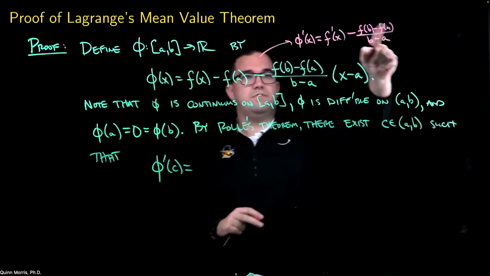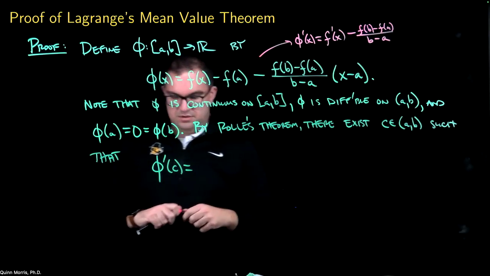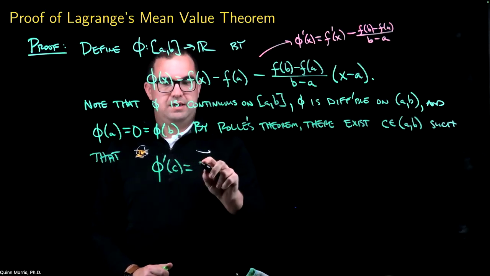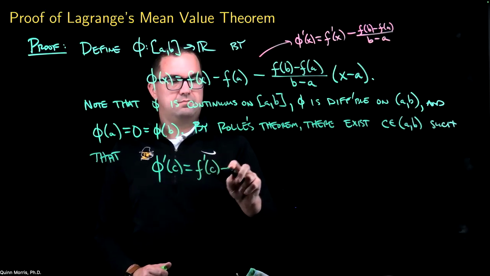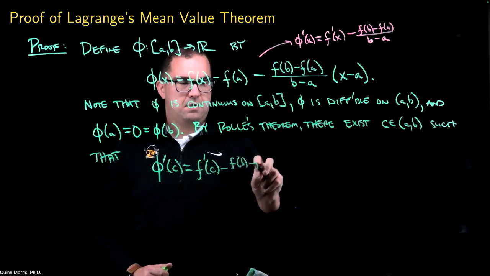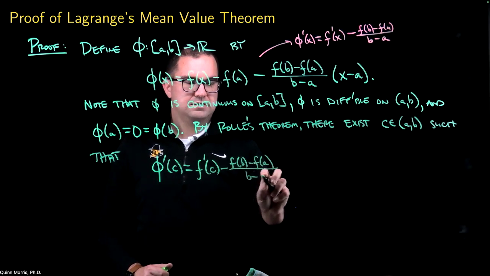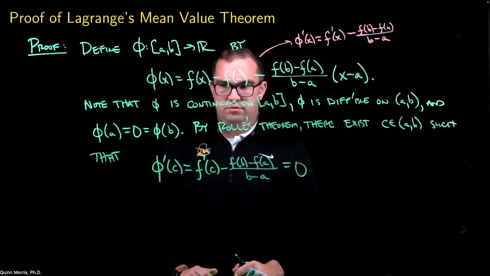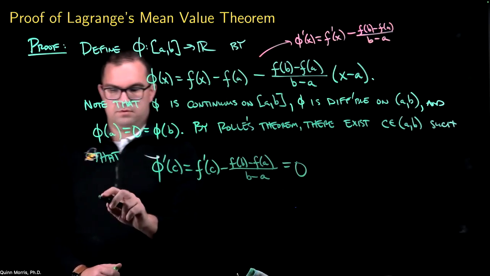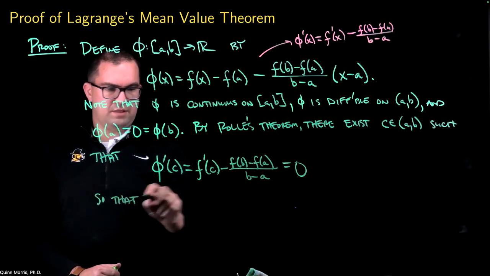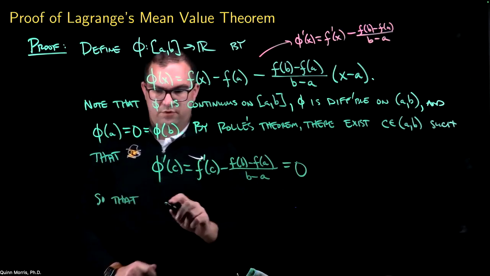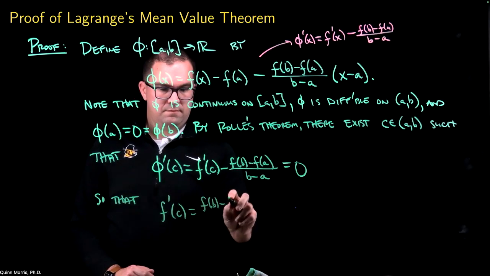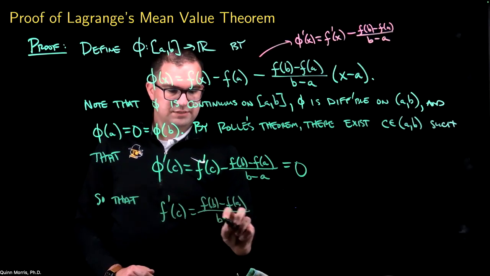So here's the derivative, phi prime of x. Phi prime of c will then just be f prime of c minus (f of b minus f of a) over (b minus a). And again, by Rolle's theorem, that's going to be 0. But now if I look at these parts, if I just move this over, I get precisely the result I want.